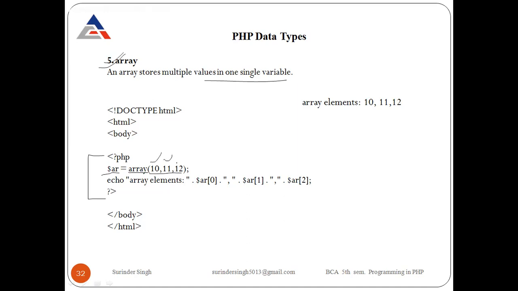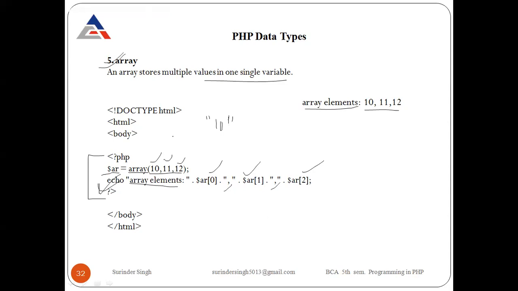These are integer values. If you want to pass string values, you enclose the values in double quotes. In the second statement we print the array. First we print the text array elements, then we write the variables separated by commas.